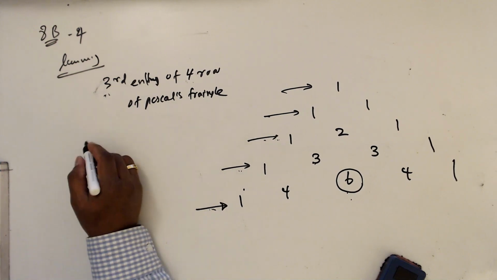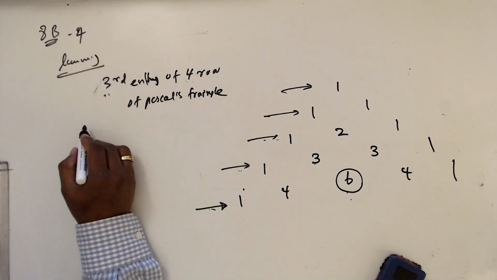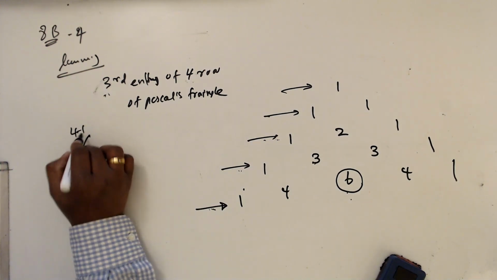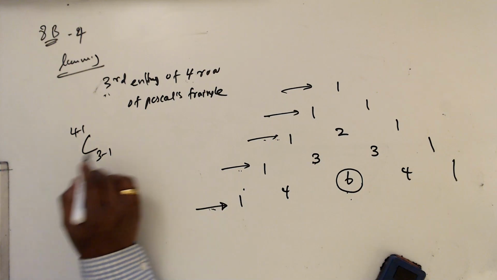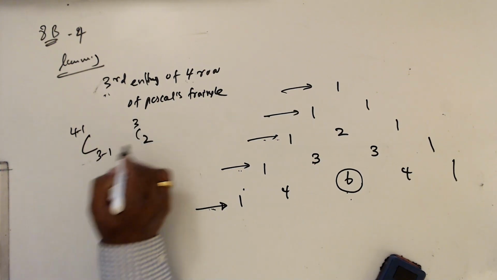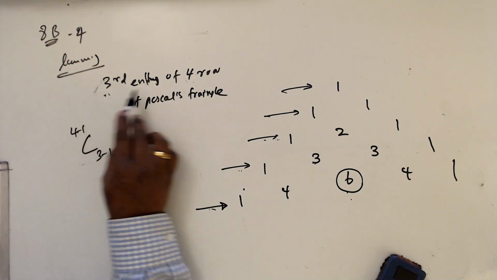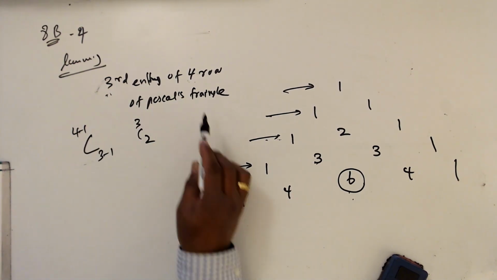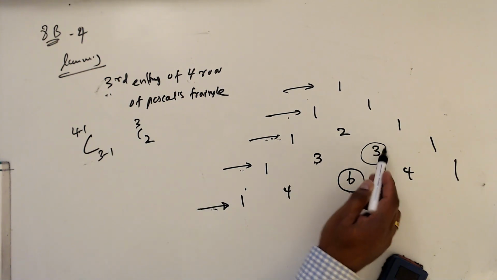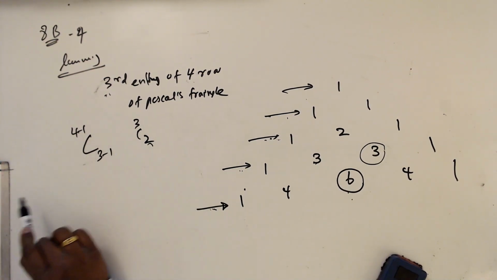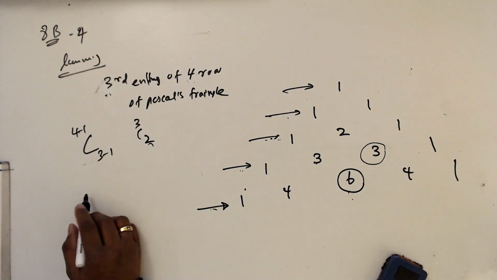Then I want to write C first, then row. Row is going to be the power, 4 minus 1, and the entry is going to be 3 minus 1, which is 3C2 really. So third entry of fourth row, 1, 2, 3, 4, and third entry, I'm talking about this one, that is 3C2.